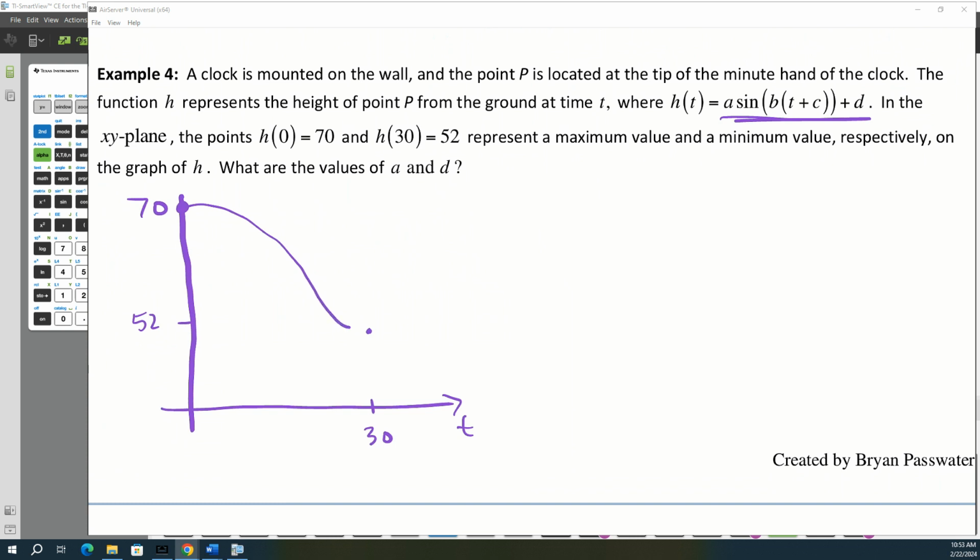So that's a portion of it. D is what's going to fall directly in between those. And we've done this many, many times. I hope you guys already know how to find D. You're going to do max plus min divided by 2. And so that's going to be 61.